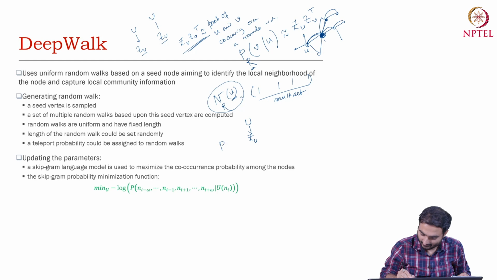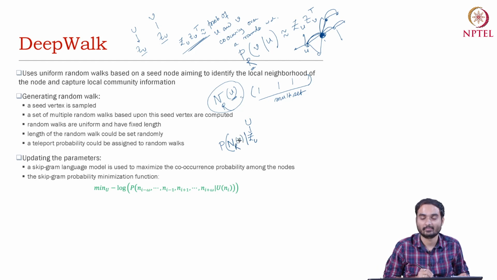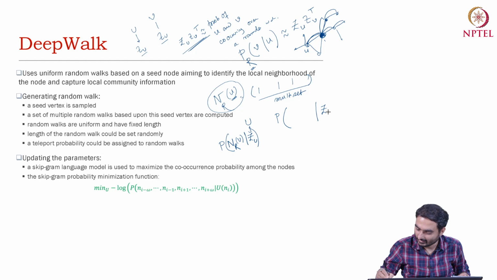What is the probability that given this node you will see other nodes, all their neighbors? Probability, given the embedding of a node which is unknown, what is the probability of its context nodes?